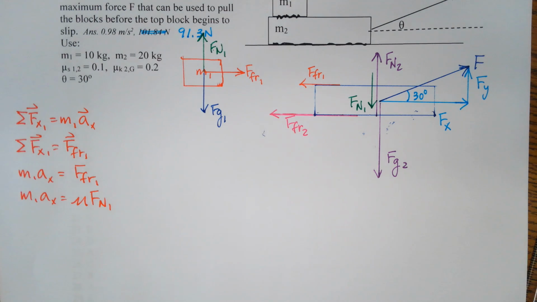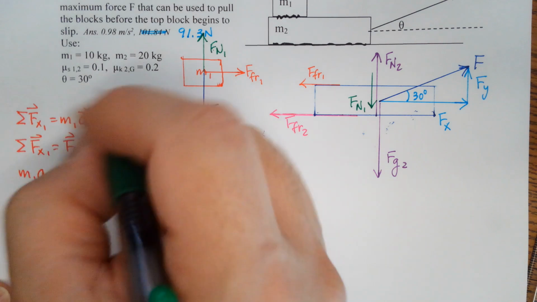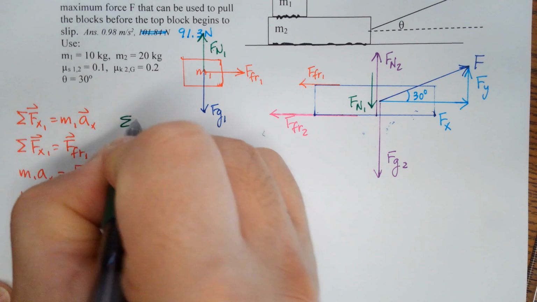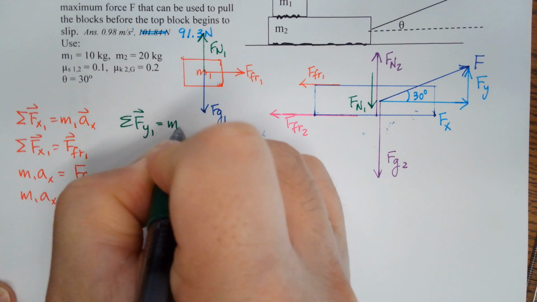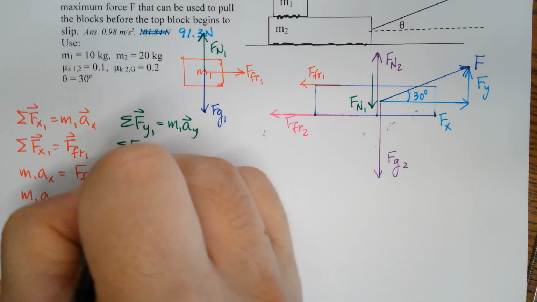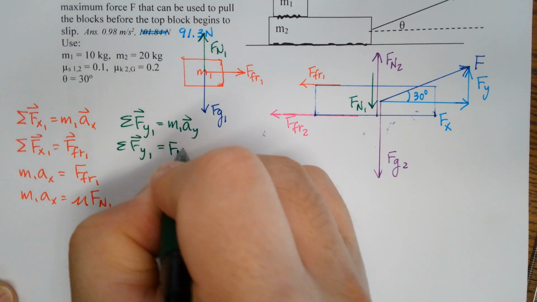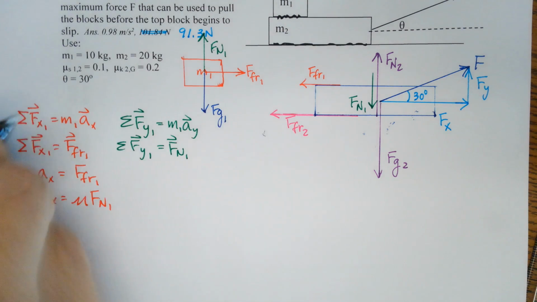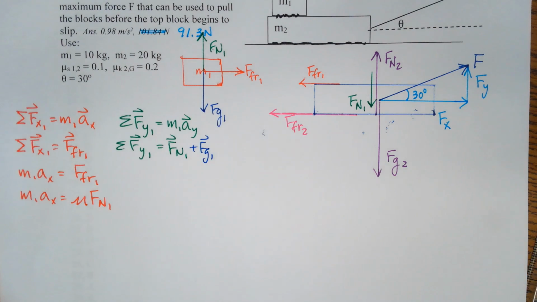As you know, my F normal 1 is going to have to be the same as my FG1. If you were to take a look at sum of all forces in the y direction for mass 1, it is equal to m1ay. And then sum of all forces in the y direction for mass 1 is equal to F normal 1 plus Fg1, right?